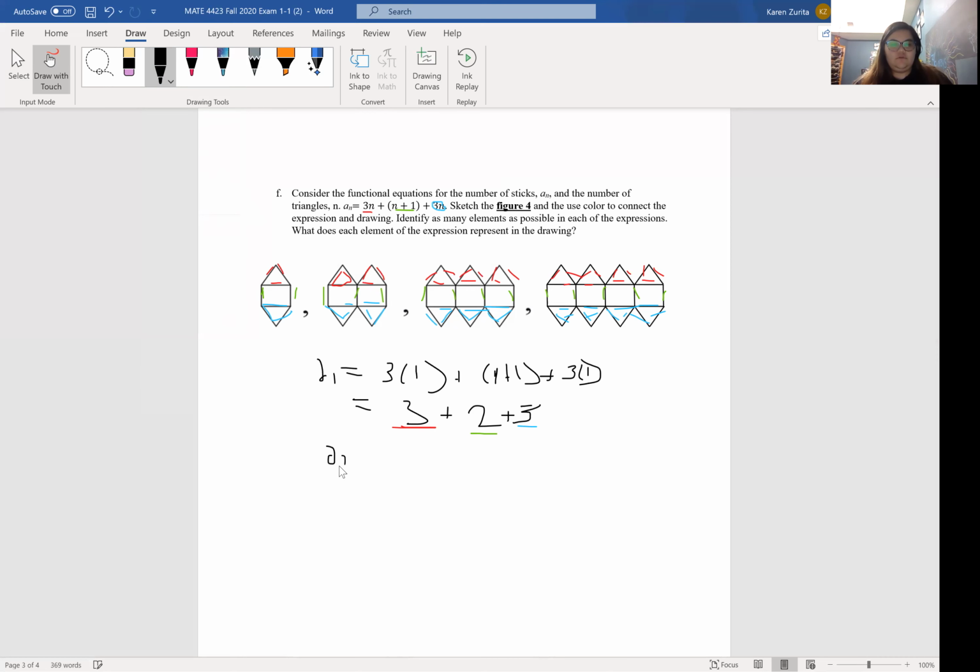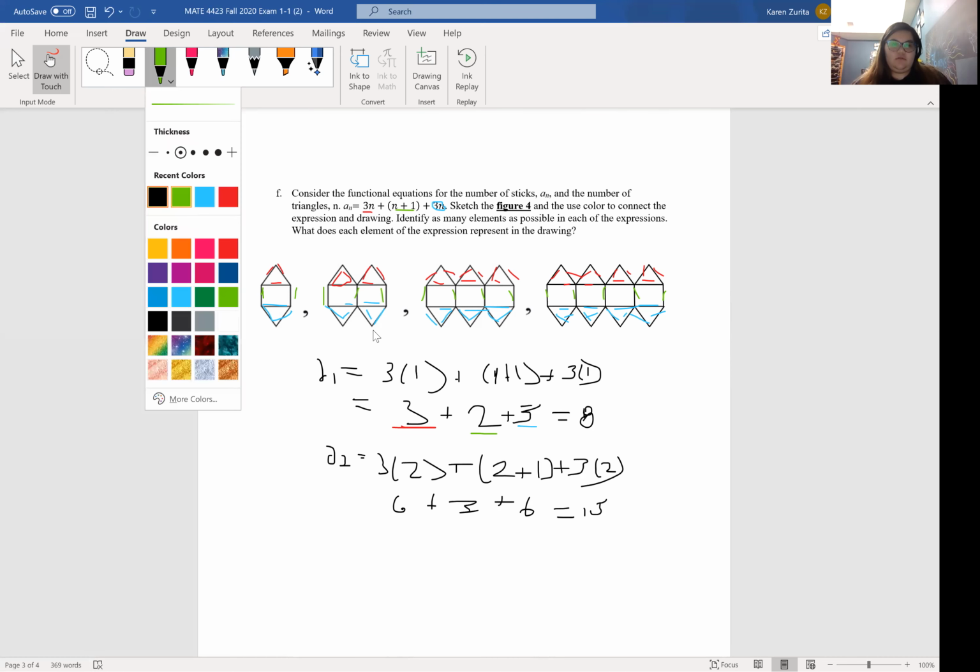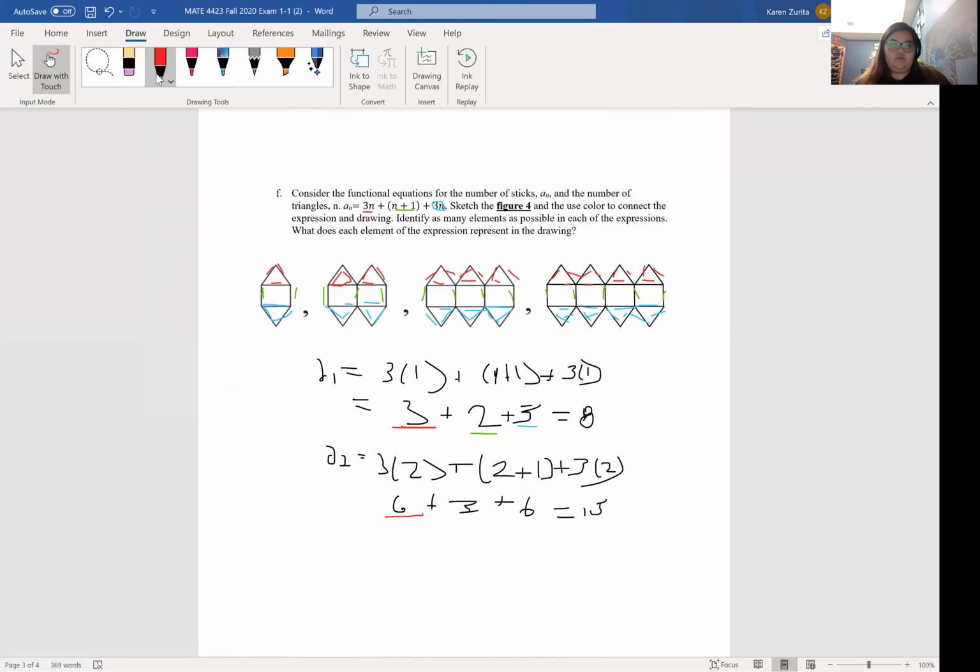Here I'm just going to do A2. So we could do 3 times 2 plus 2 plus 1 plus 3 times 2, which equals 6 plus 3 plus 6, which equals 15. And we can see that this first 6 represents the 6 on top that it takes to make the 2 triangles.